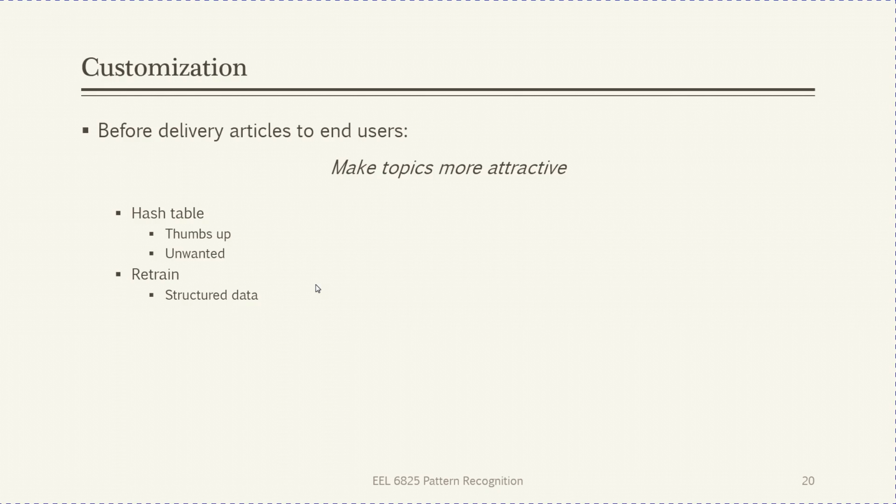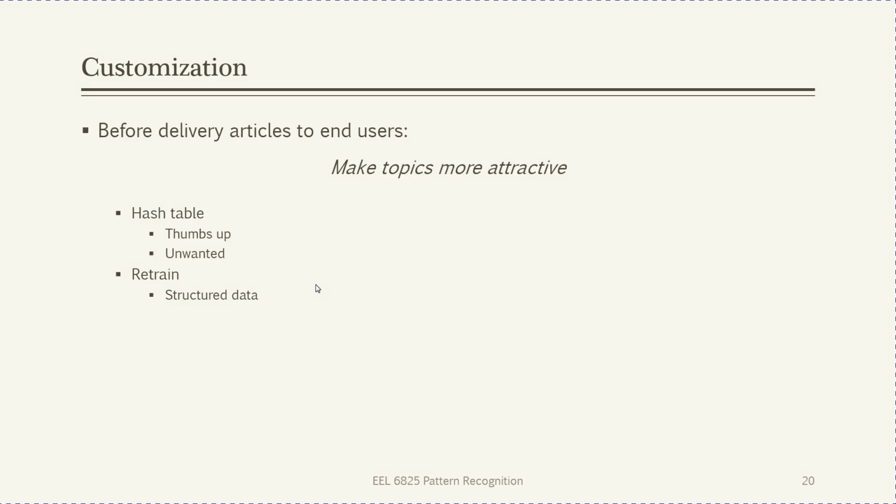The hash table is associated with individual end users. If the user gives a thumbs up, we know that this is a topic the user actually enjoys, and maybe next time we will increase its order and present it prior to some other topics.